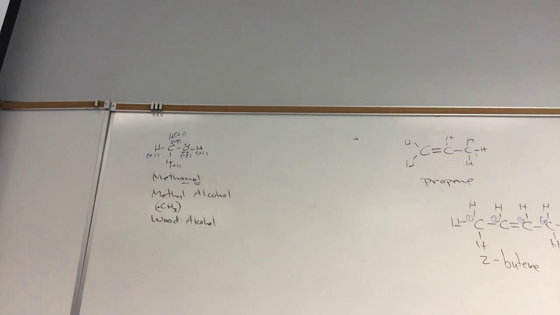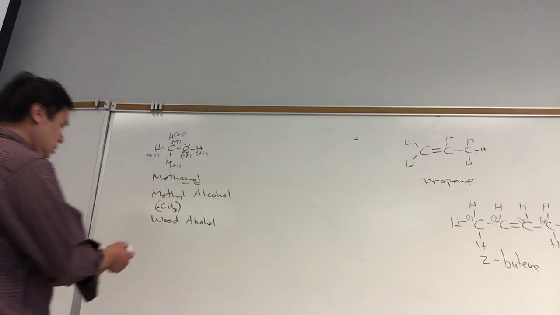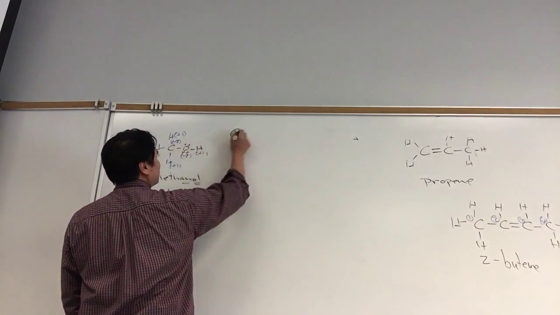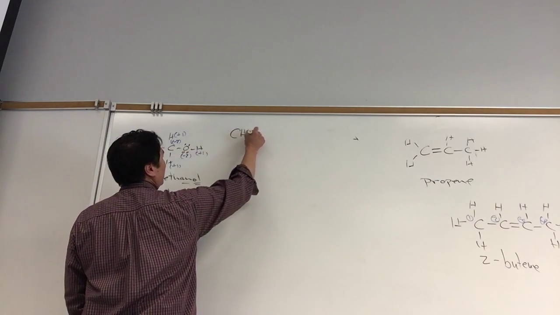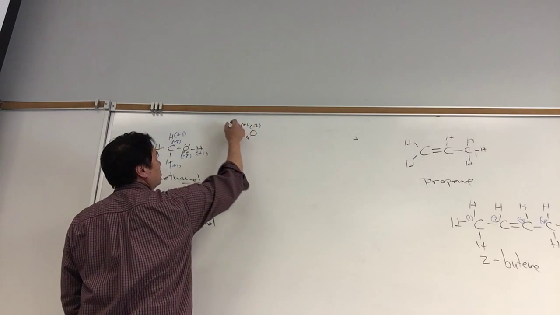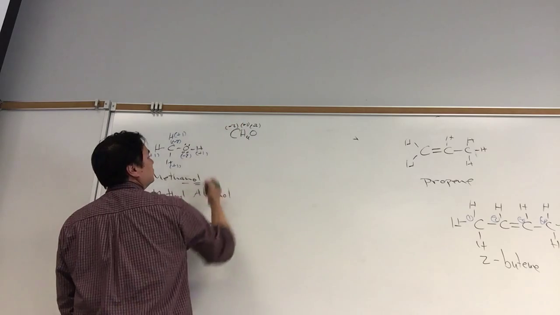Does methanol, what would you say, electron rich because of the carbon or electron poor because of the oxygen? Electron rich. When we look at this, we could have done this using the formula. The formula for this is CH4O. You assign hydrogen first at plus 1, oxygen's minus 2. This means this has got to be minus 2.